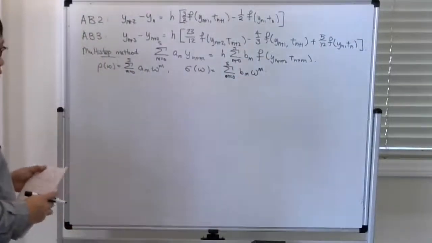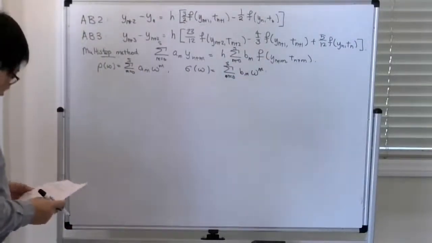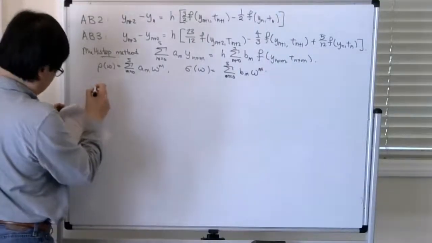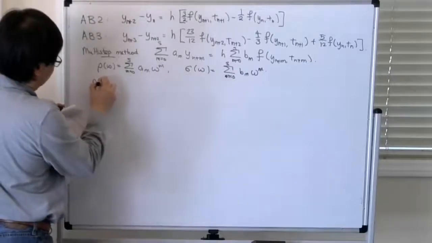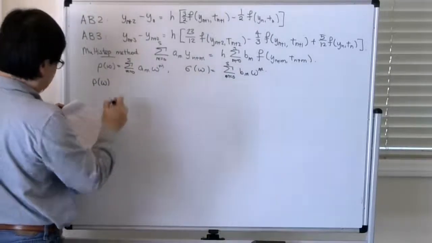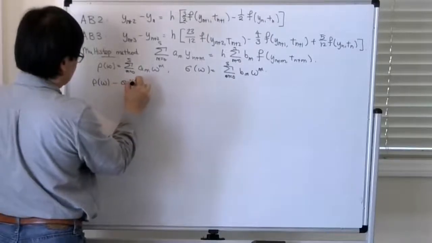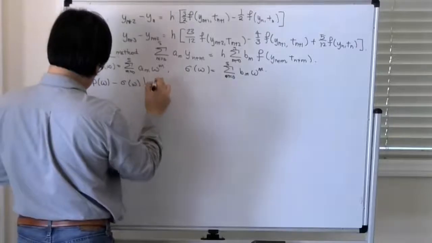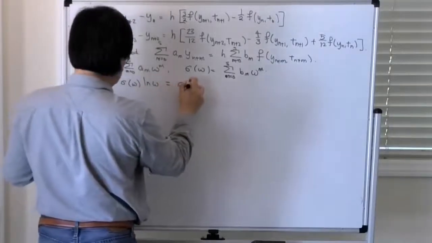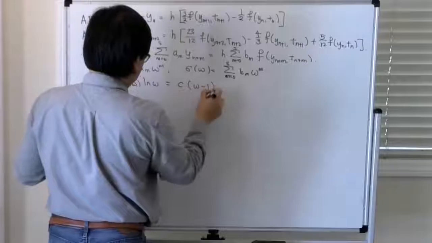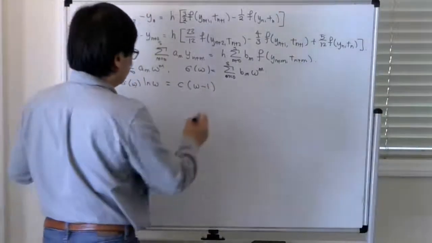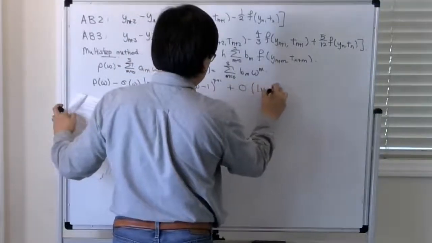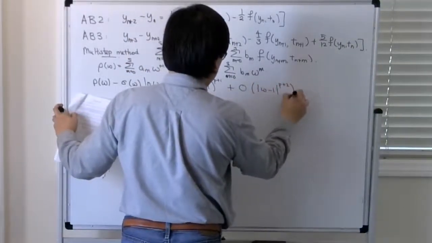And then the result we proved previously was that to determine the order of the method, we look at the combination rho of w minus sigma of w times the natural log of w. And you want this to be some constant multiplied by (w minus 1) to the p plus first power plus something which is big O of (w minus 1) to the p plus second power.